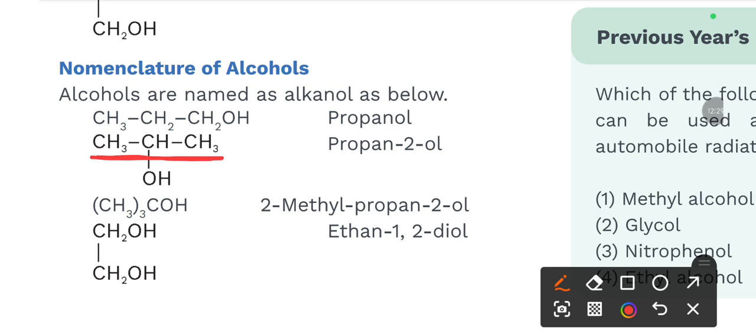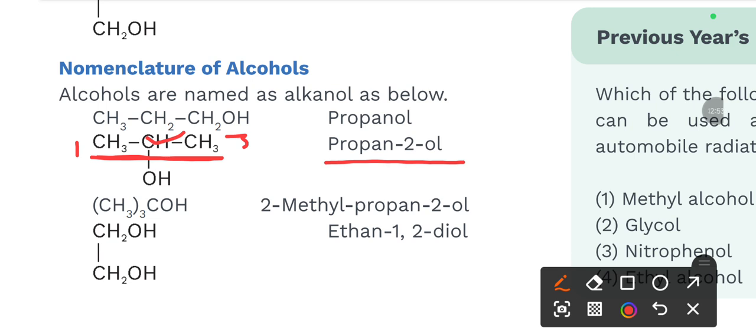Now it is very important to mention the position of OH. If I talk about this is first, this is second and this is third, at the second carbon, OH is attached. So this is propan-2-ol, as at the second position OH is there.